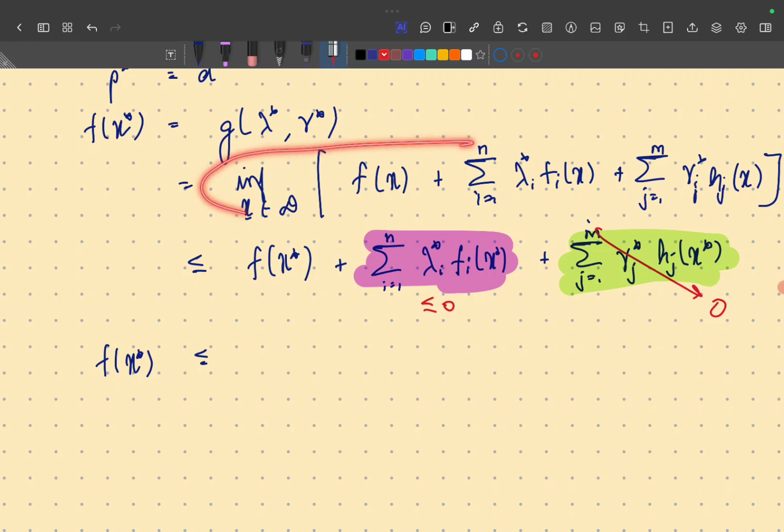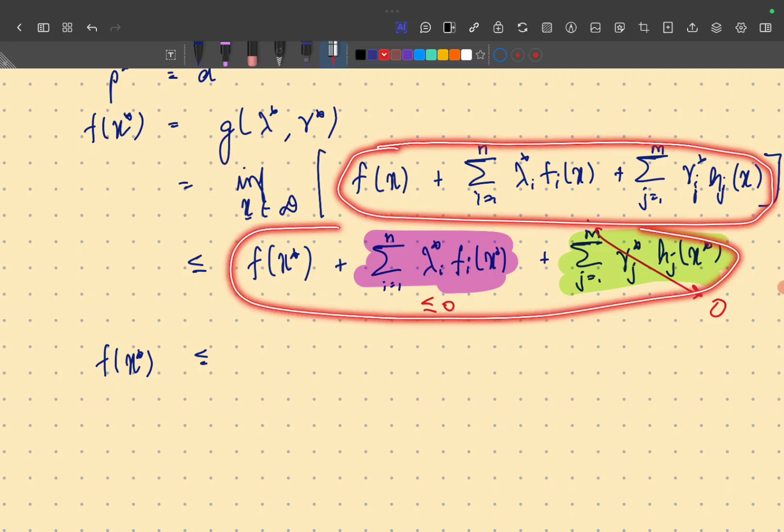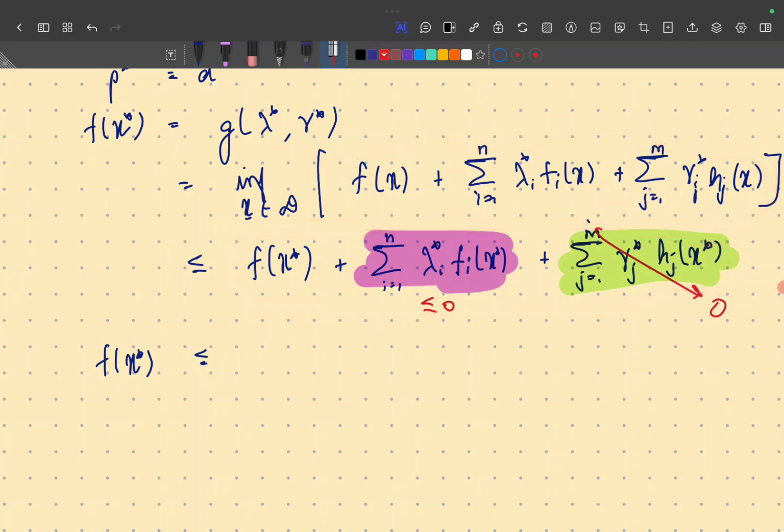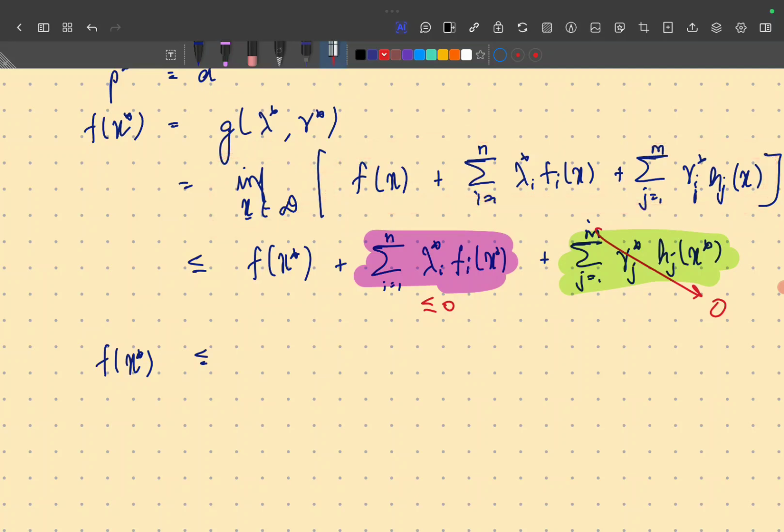So the objective function is the same. This is the Lagrangian, right? But above, this is the infimum of the Lagrangian over all possible x. What is x star again? The x star is the constrained optimum for the primal problem.